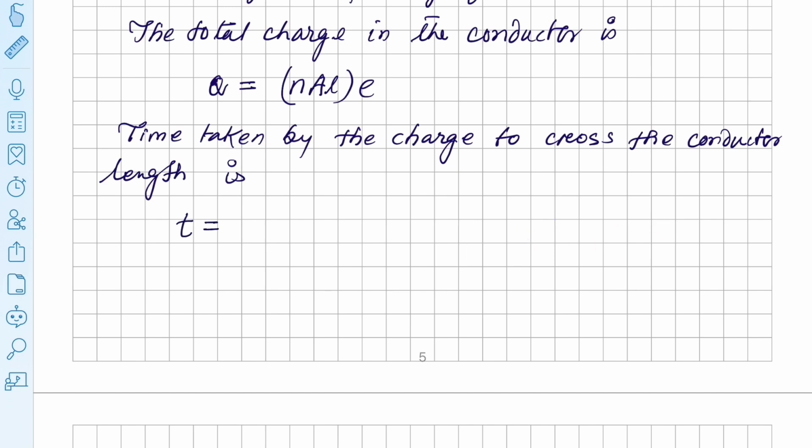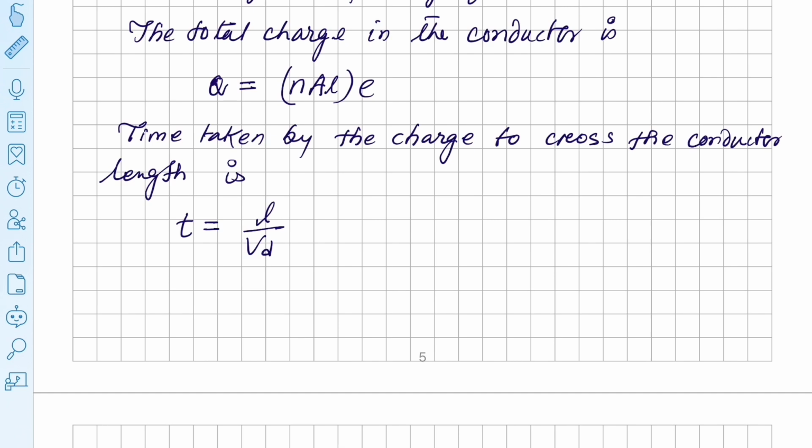So that's why T is equal to L by Vd. So Vd is the drift velocity. Drift velocity means the average velocity with which free electrons are drifting along the length.